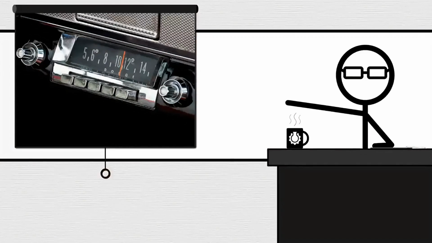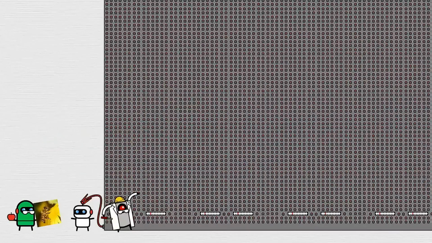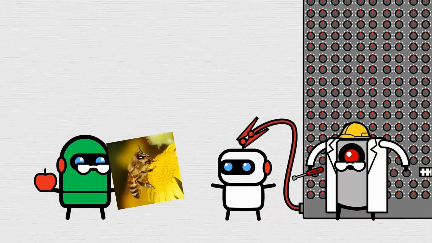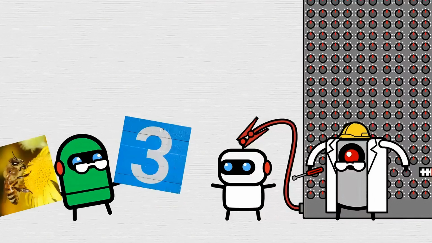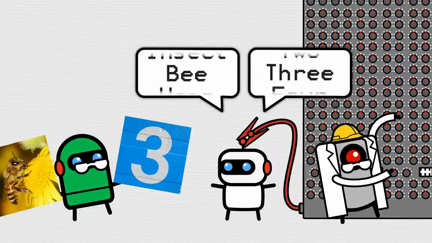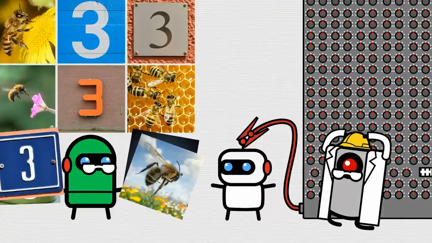I don't know. Anyway, you might not know the exact frequency of the station, but you can tell if you're getting closer or further away. It's like that, but with 100,000 dials and a lot of math. And that's just for one test question. When TeacherBot introduces the next photo, Dial AdjustmentBot needs to adjust all the dials so that StudentBot can answer both questions. As the test gets longer, this becomes an insane amount of math and fine-tuning for Dial AdjustmentBot.